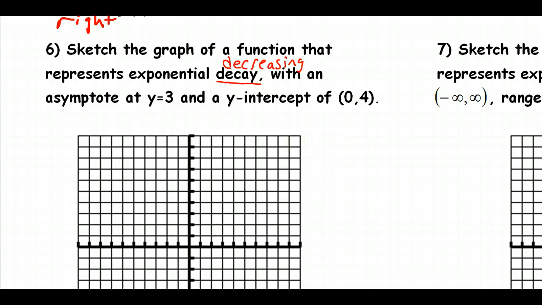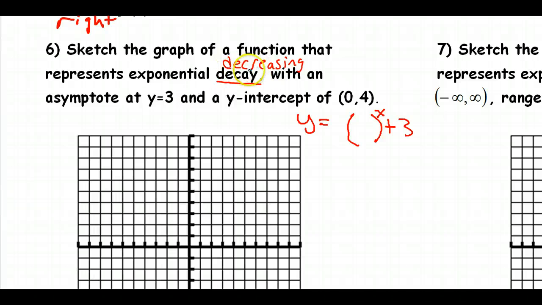Let's make an equation that will get this done. First of all, if we want the asymptote to be at y equals 3, then we know it's going to have a plus 3 on the end of it. So there's my asymptote of 3.